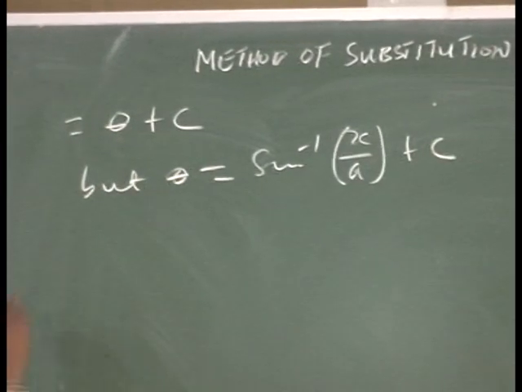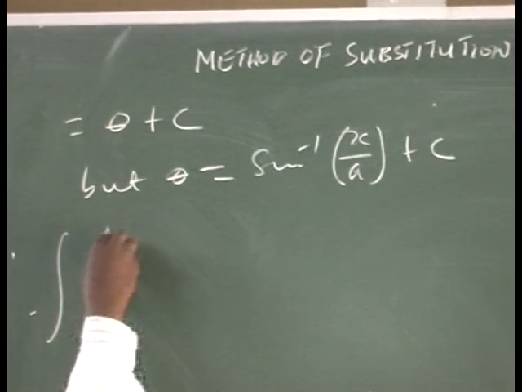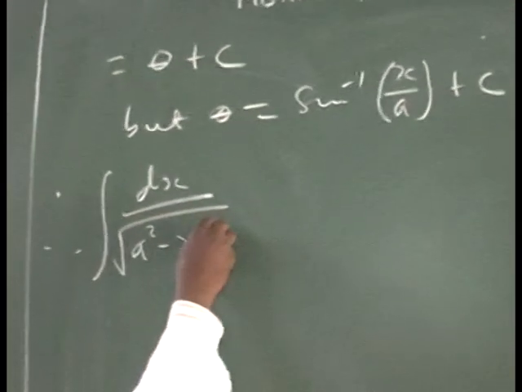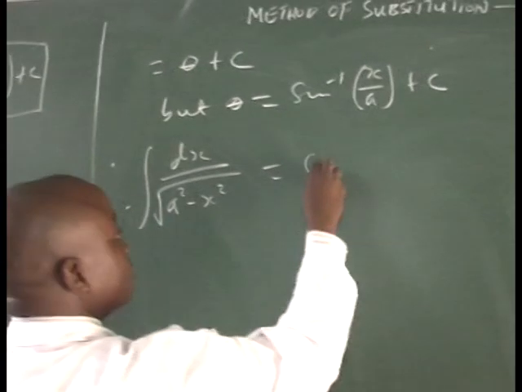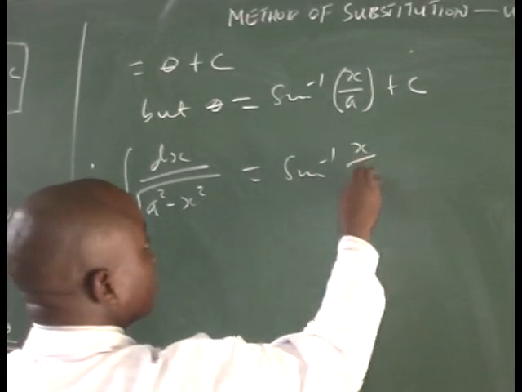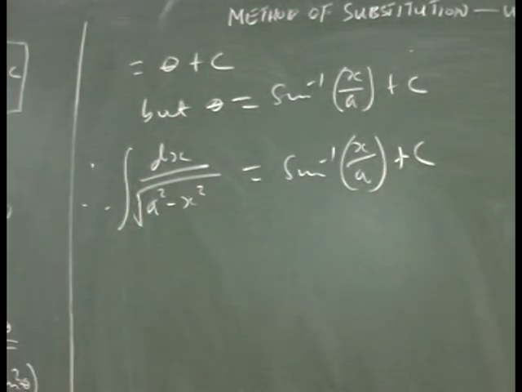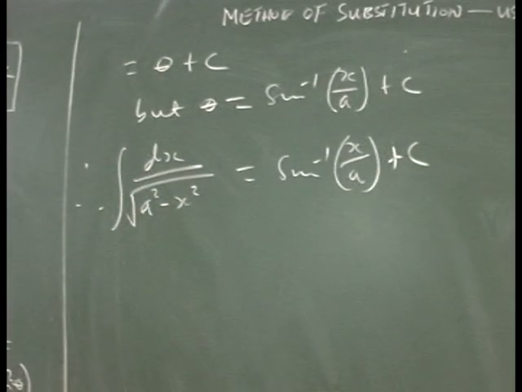Therefore, the integral of dx all over the square root of a squared minus x squared will be equal to sine inverse of x all over a plus c. So that is how it is.